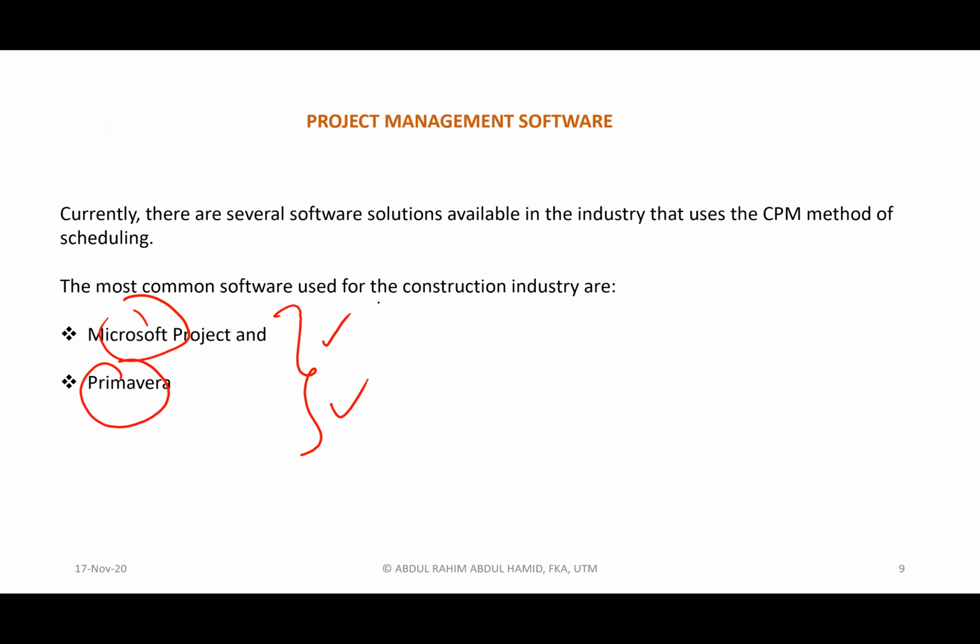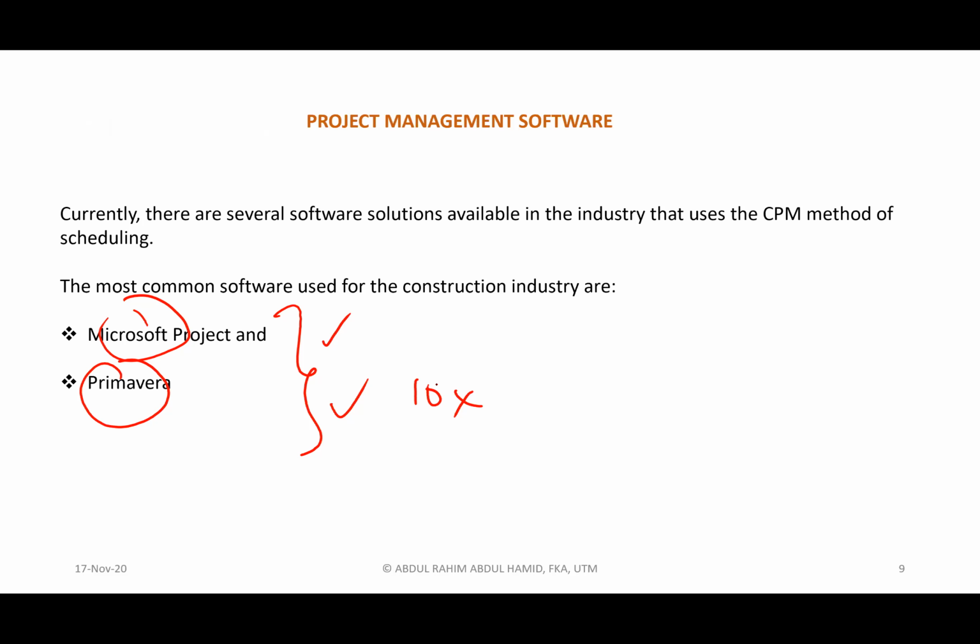Microsoft Project and Primavera, in comparison, there are differences in terms of application. Primavera is meant for complex industries such as construction and oil and gas, whereas Microsoft Project can be utilized in multiple or various industries. And Primavera is normally 10 times higher in terms of cost.